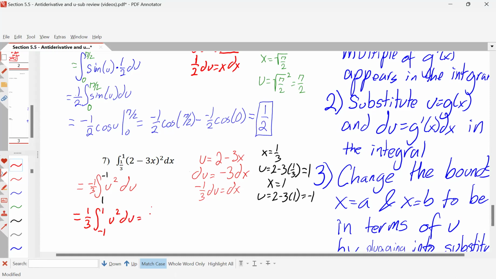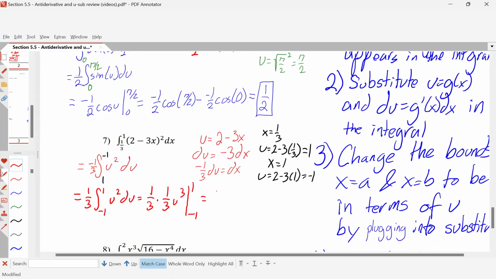Now taking the integral, we get 1/3 times power rule, add 1 and divide by it. So 2 plus 1 is 3. So we have 1/3 u to the third, evaluated from -1 to 1.